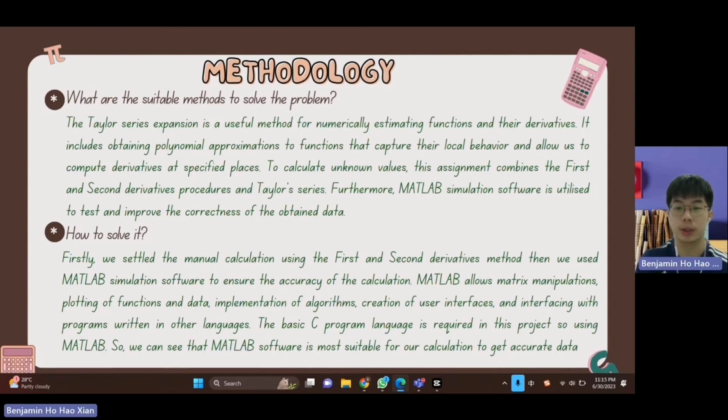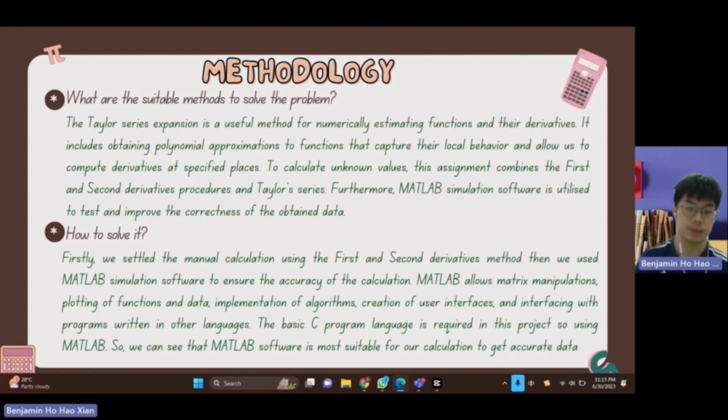To calculate unknown values, this assignment combines the first and second derivative and the Taylor series. Furthermore, MATLAB simulation software is used to test and improve the correctness of the data.